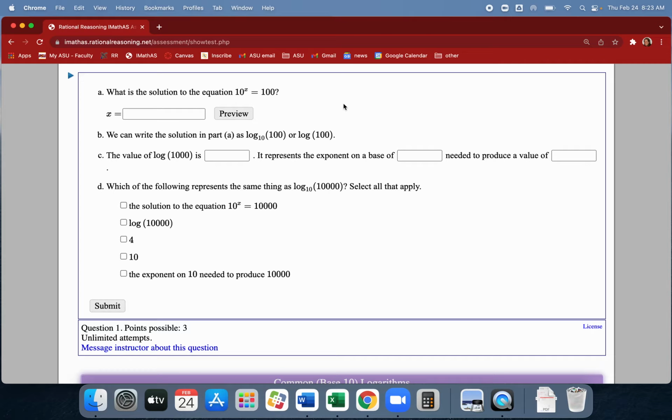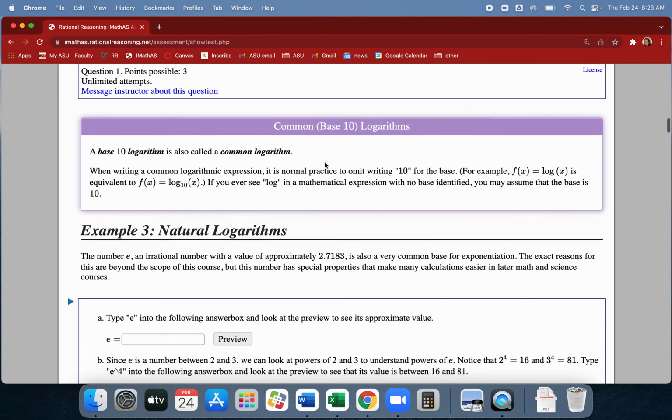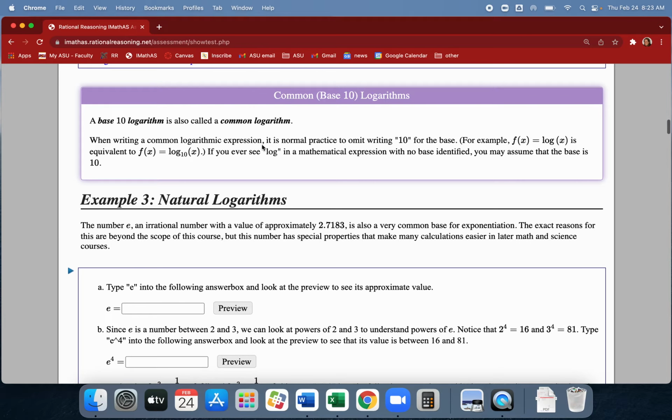Even if it's hard to estimate better than that, you can at least get it between 2 consecutive integers pretty easily. But base 10 logarithm is called common logarithm. You can write it with a base 10, but in a math book, if you just see log and no number down below, it means log base 10.